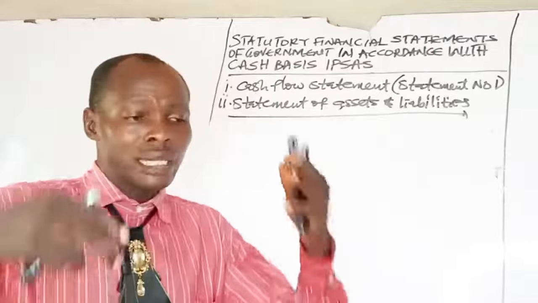Then after the total liquid assets, the next asset is investment and other cash balances, which include federal or state or local government investment.